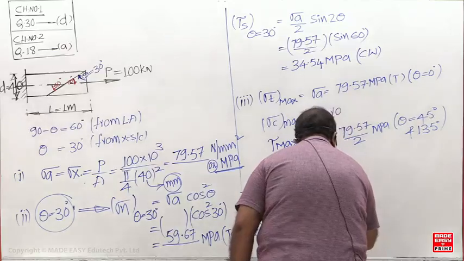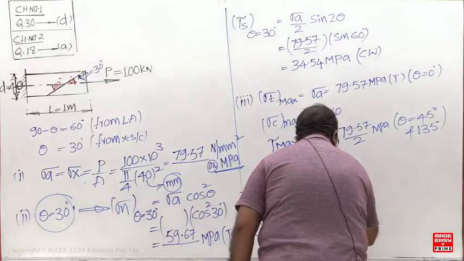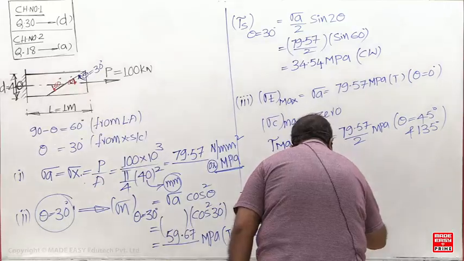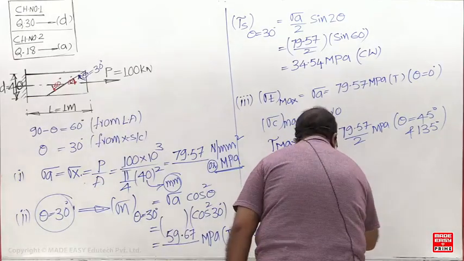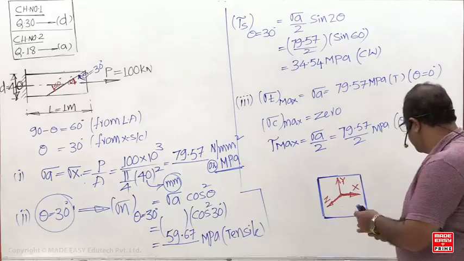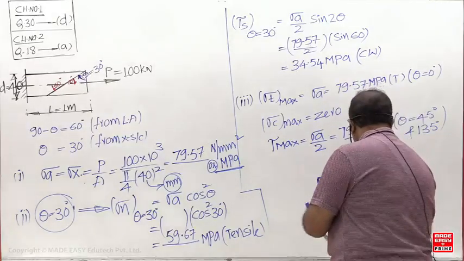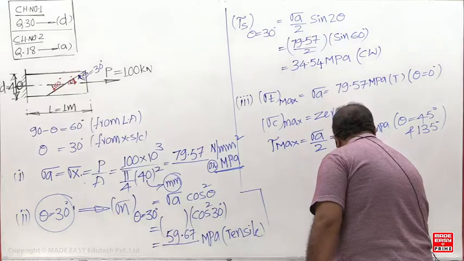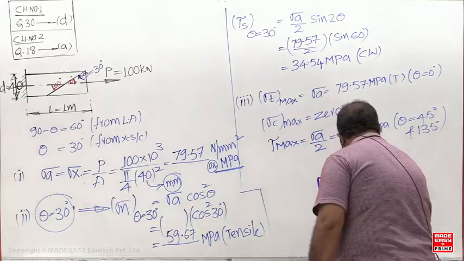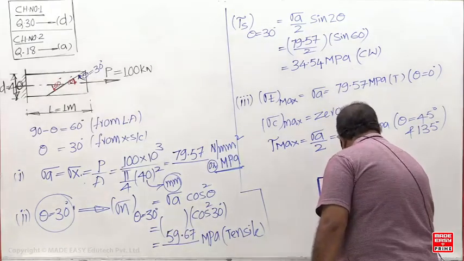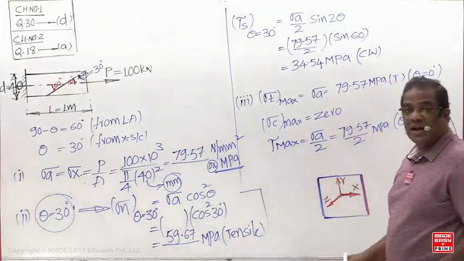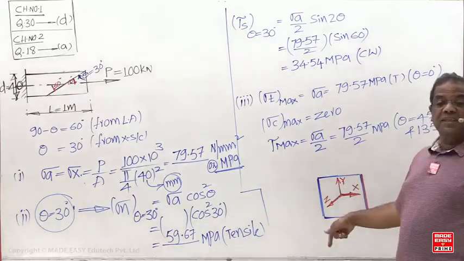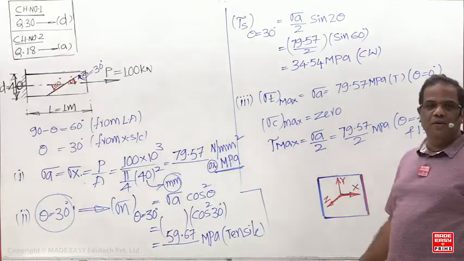X, Y, Z. What is this blue color rectangle representing? It is the representation of three mutually perpendicular planes in the front view.